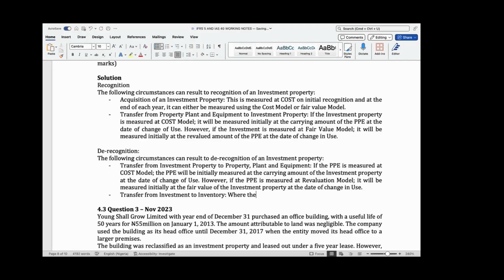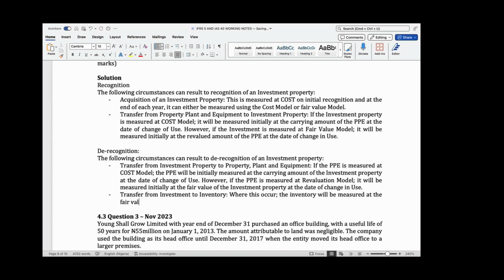Where this occurs, the inventory will be measured at the fair value of the inventory at the date of the change in use.